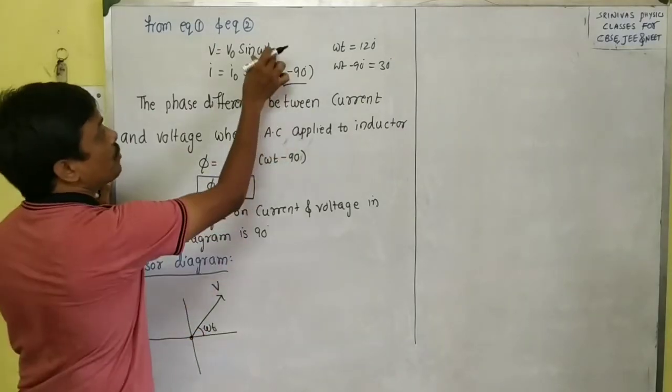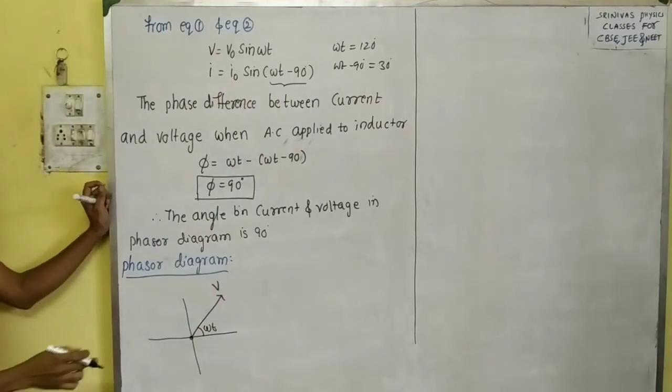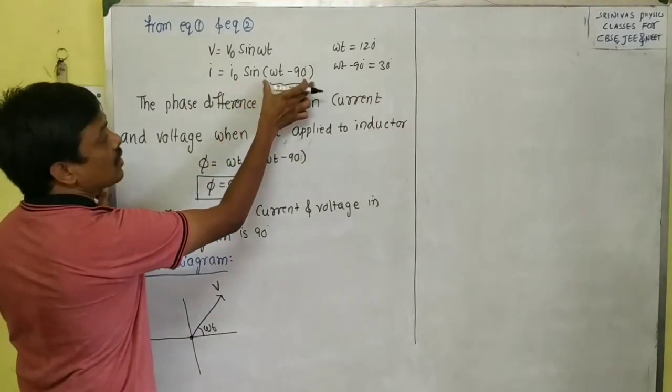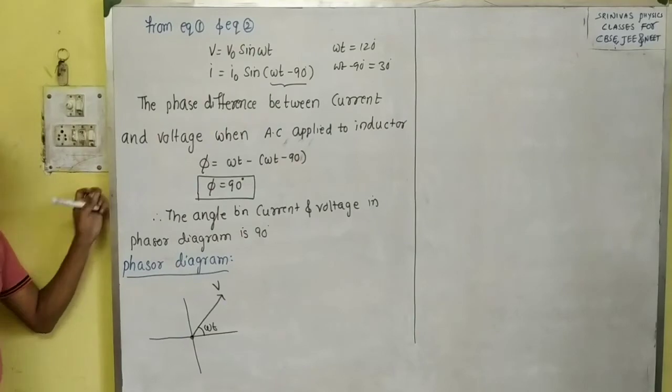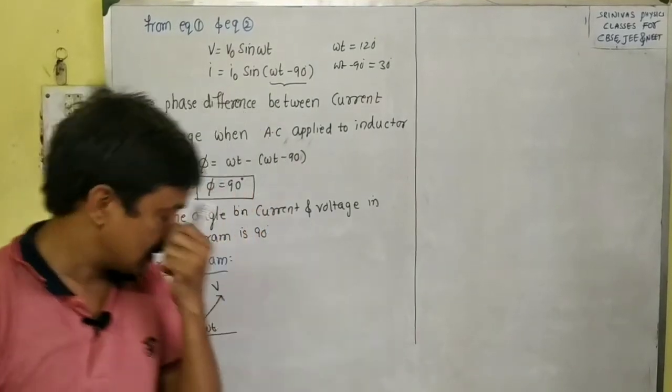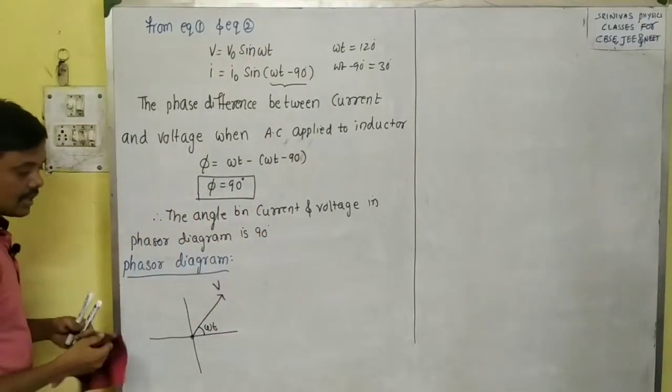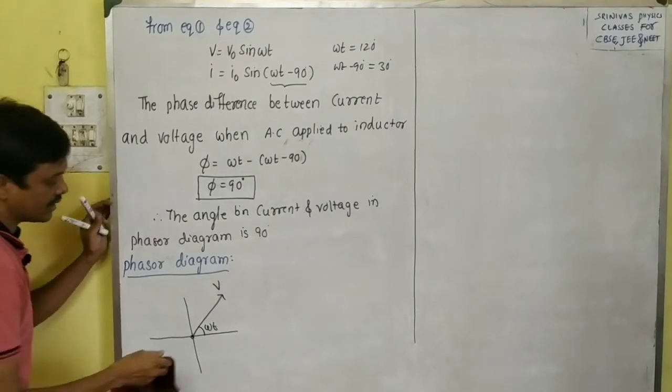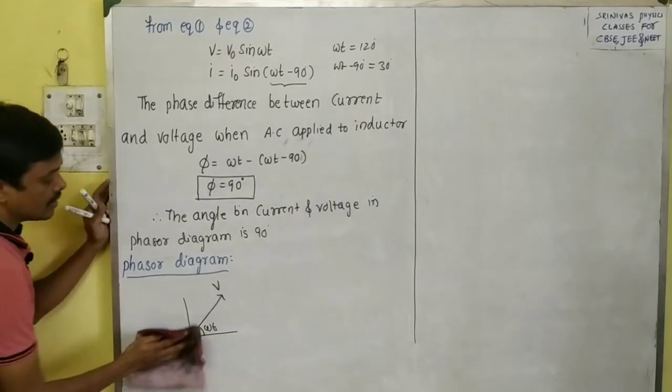Voltage angle is omega t. What about the current angle? The current angle is omega t minus 90. Then we can express it like this. I will take the voltage in a different way.